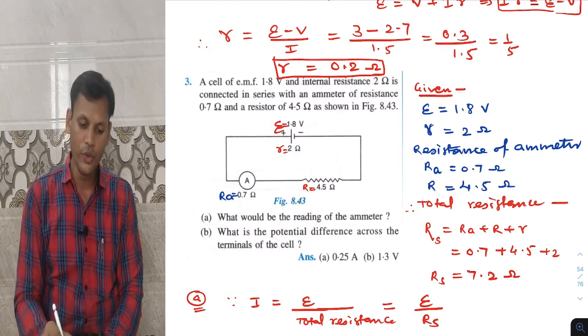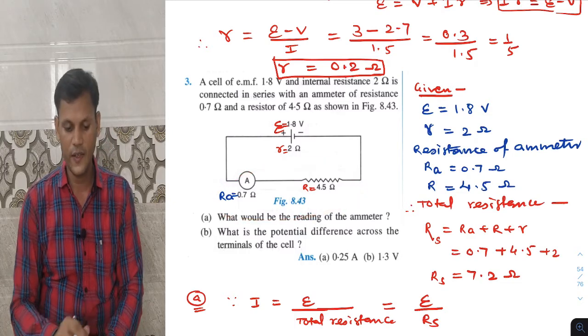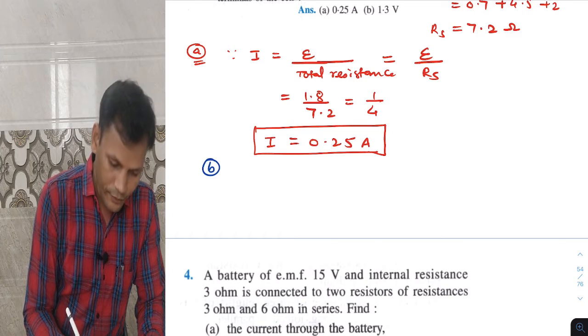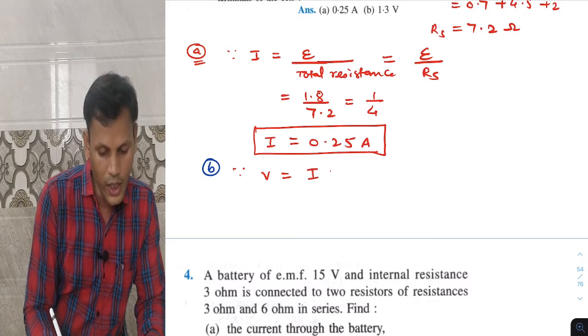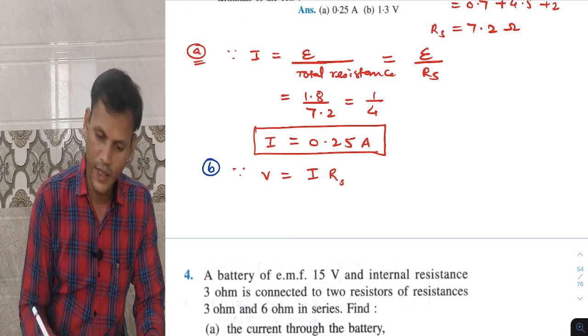So V is equal to I into total external resistance. So we can write V is equal to I into R, S for total resistance.